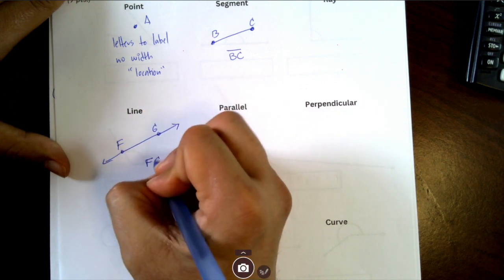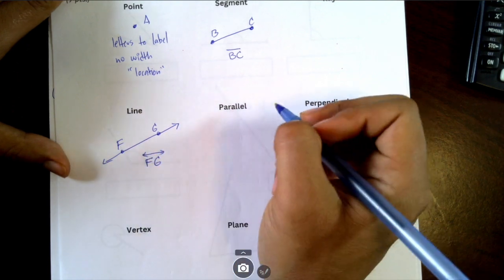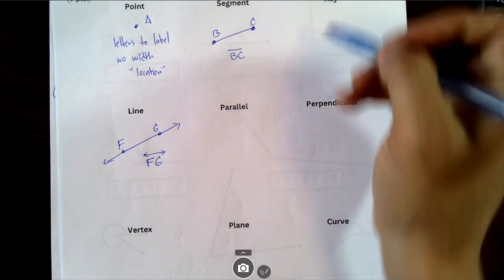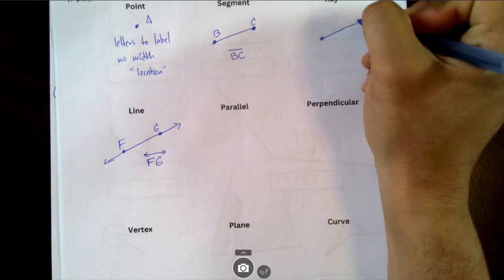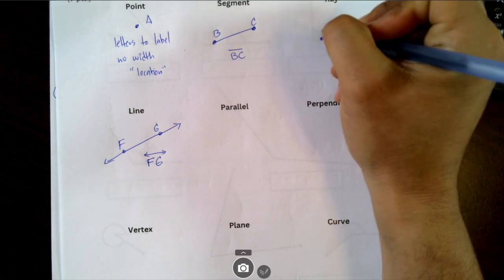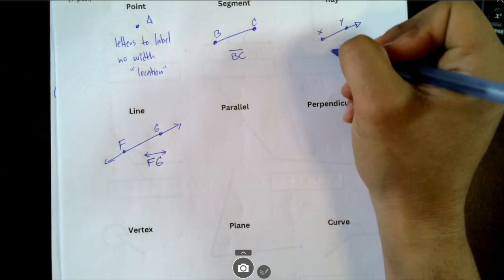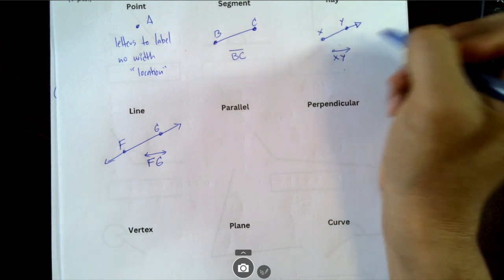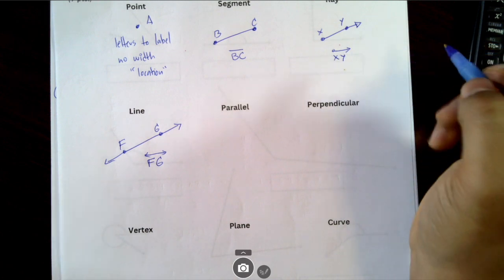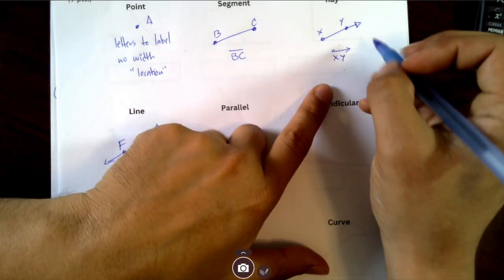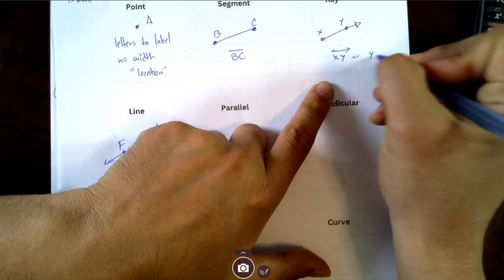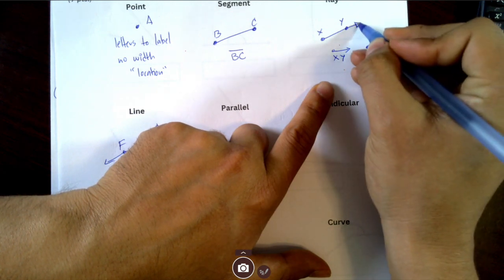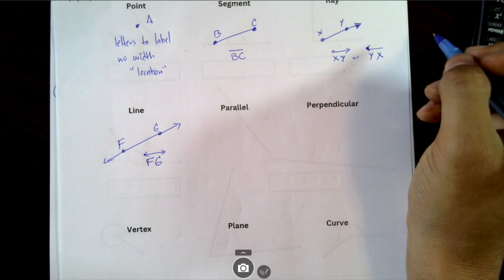So F, G. And then a ray is kind of like a cross between a segment and a line, in that it goes on forever in one direction, and that's it. This is how we write a ray. Or we can also say YX, but then you have to put the arrow facing on the Y, because the arrow is on the Y end. So you can flip it.